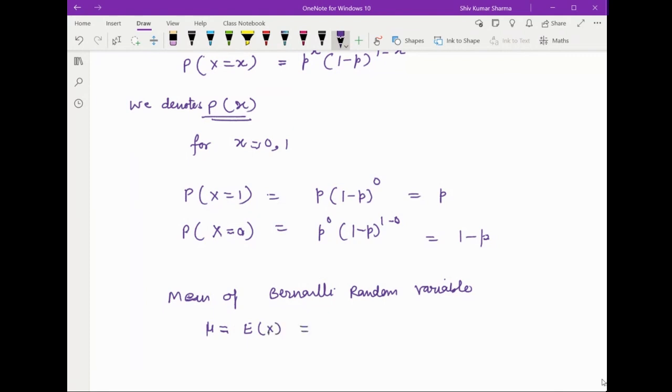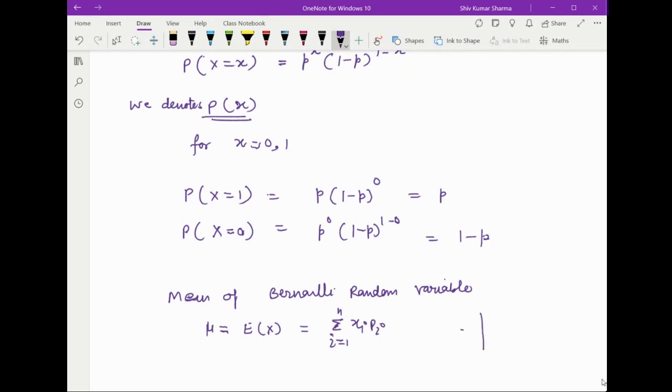Because the Bernoulli distribution is a discrete distribution, we can calculate the expectation as the summation of x i into p i, where i equals 1 to n for the general case.